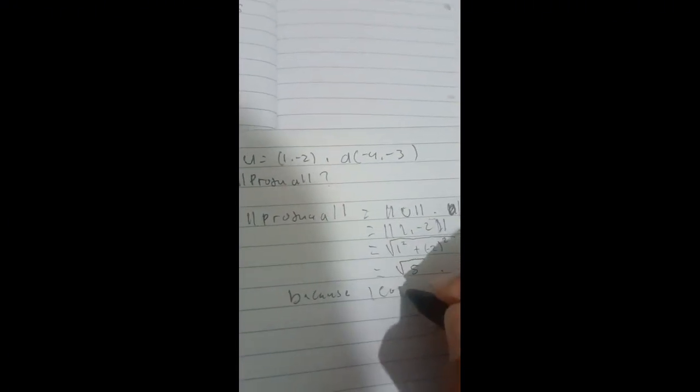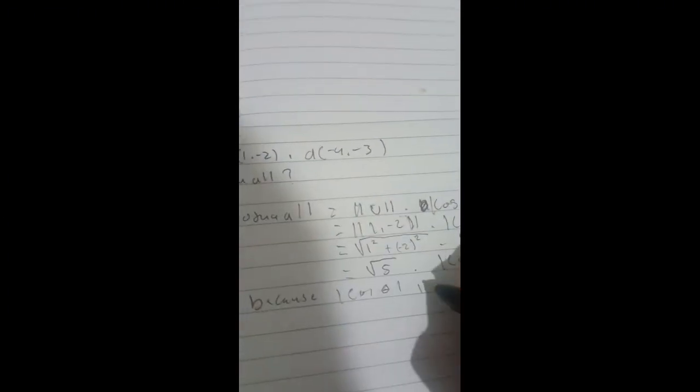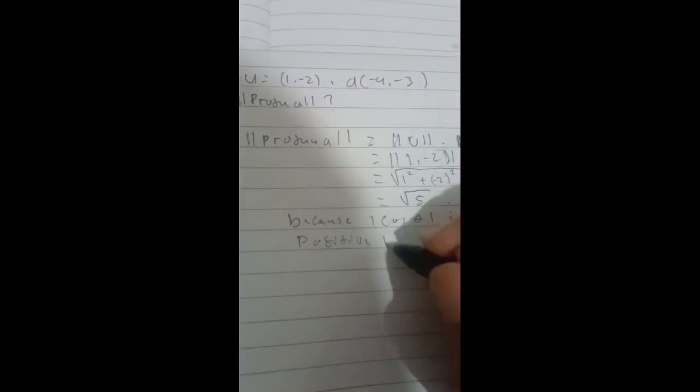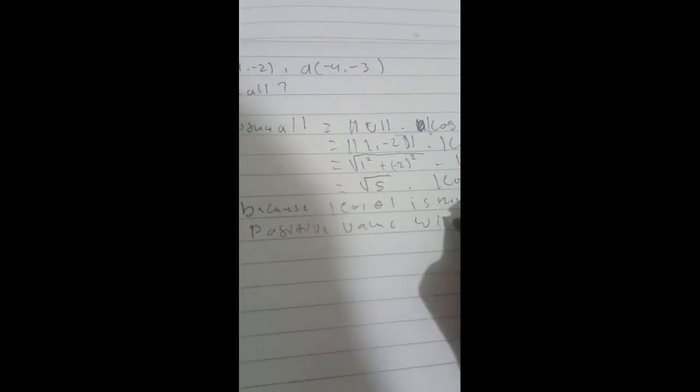Why is this 5? Because we know that cos theta is non-negative, so the result will be a positive value, which is root 5, equal to 2.23.